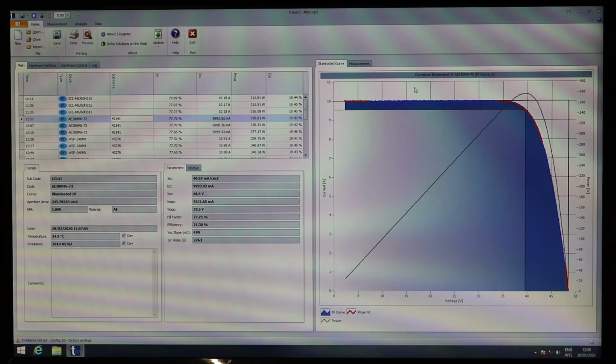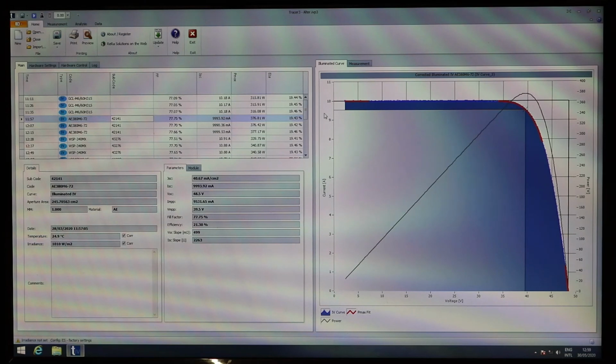Thanks to these 4 points, we can calculate the fill factor. Fill factor is a value which gives us information on how good our module is. How to calculate it?